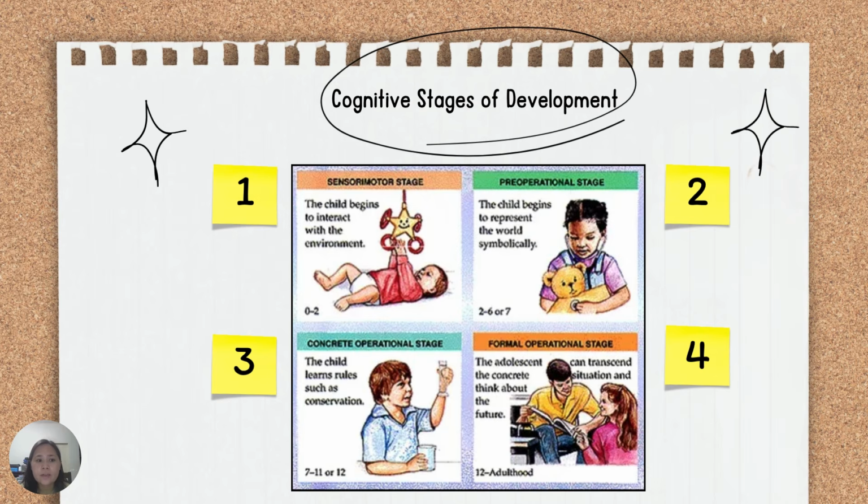First, we have the sensorimotor stage, that is 0 to 2 years of age. Now, in here, infants learn through their senses and actions, from the word sensorimotor. It involves the senses as well as the psychomotor skills of an infant, not a young child, a newborn.